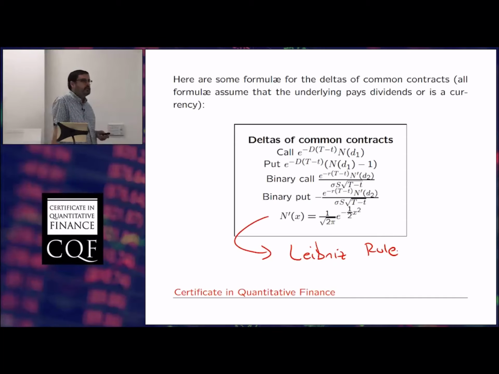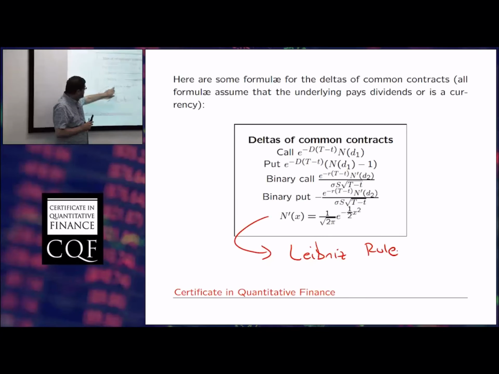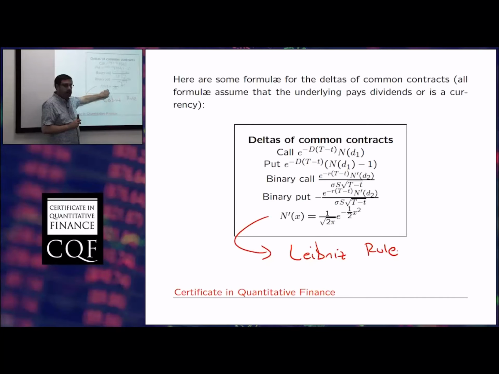This is differentiation under the integral sign. In calculus, Leibniz was responsible for two main results. One was for the nth derivative of a product, and the other one was for differentiating under the integral sign. Because remember, N is an integral, isn't it? So if you differentiate that with respect to the upper limit, then Leibniz rule gives us that result.